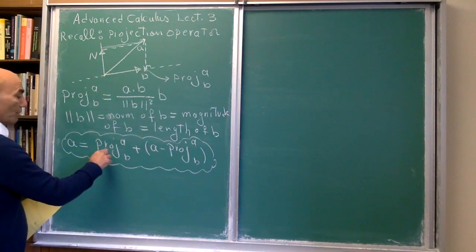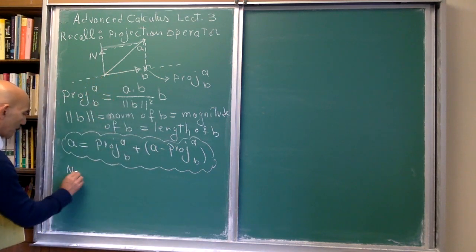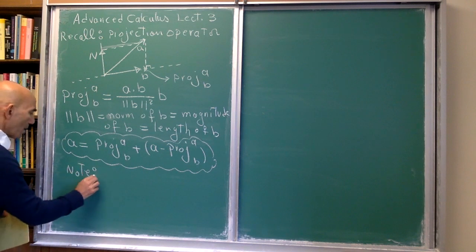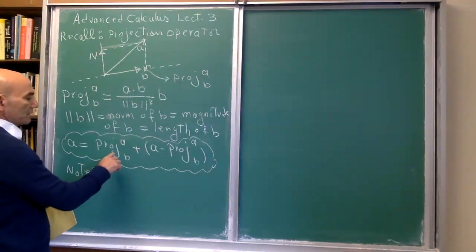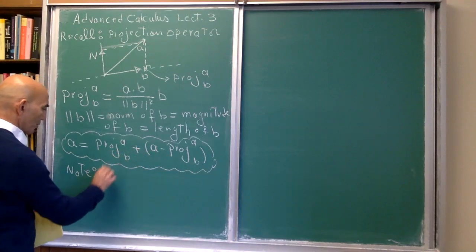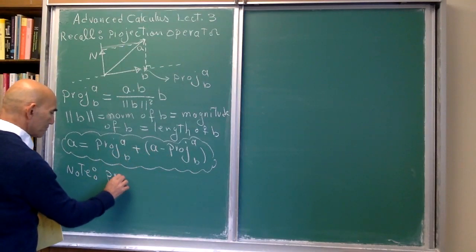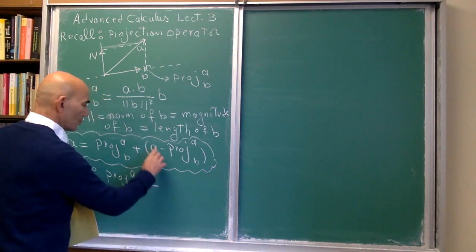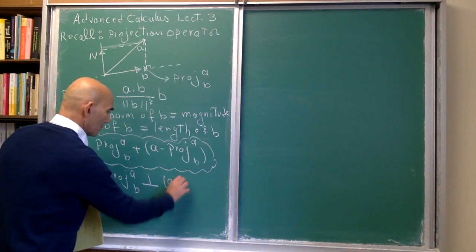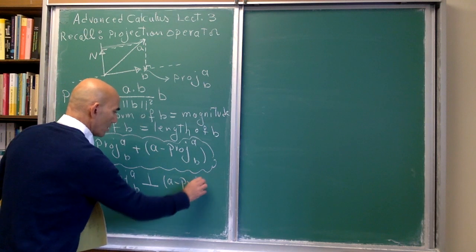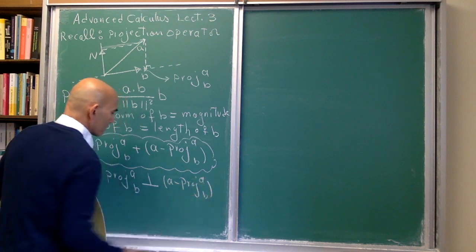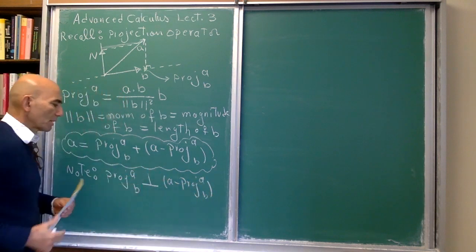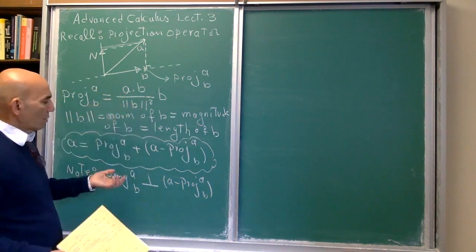Let me note that, by the way we constructed them, these two vectors are orthogonal to each other. I write it like this: proj AB is orthogonal to A minus proj AB.